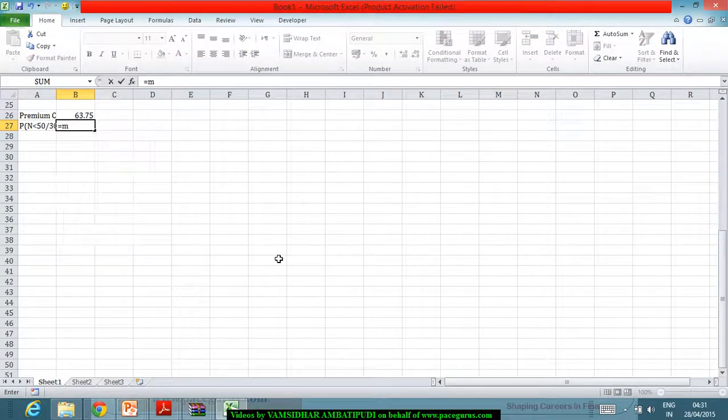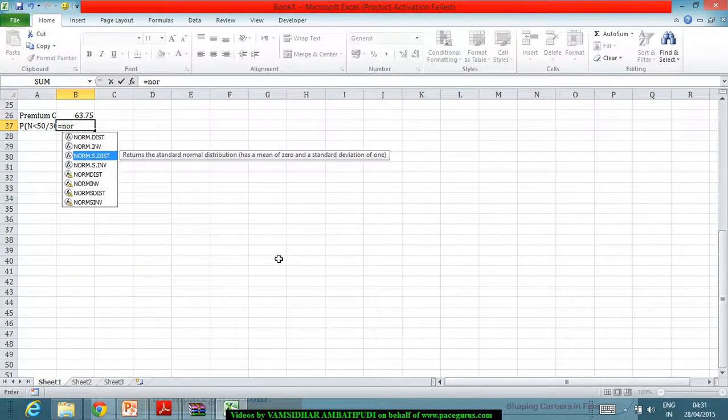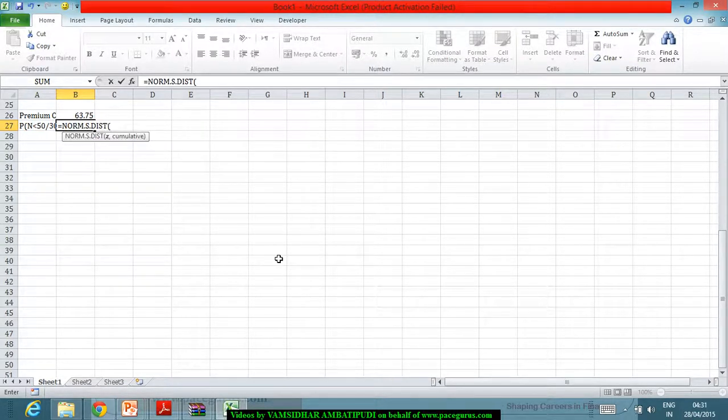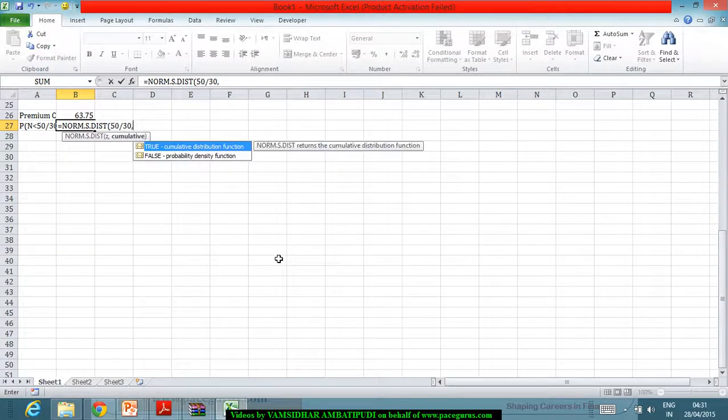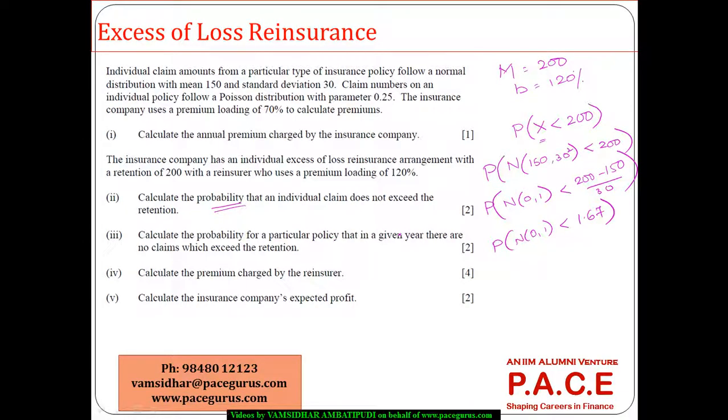So here, you can use the tables and directly get that. Because I am looking at less than itself, there is no other adjustment for me to look at. I am taking the cumulative, saying around 95.221% is the probability that N is less than that. So this is the probability that an individual loss does not exceed the retention amount.